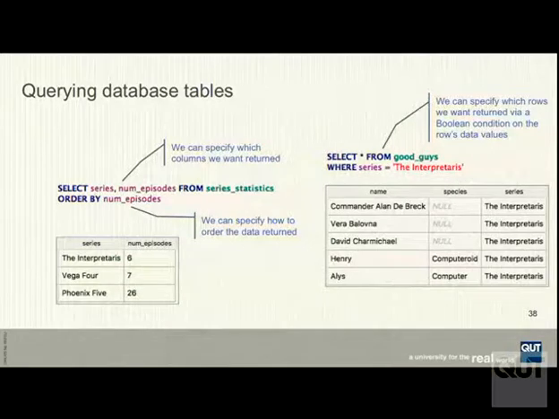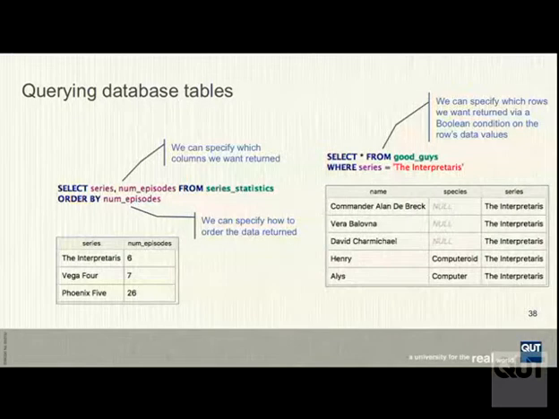There are other things you can do. You can change the order in which the results appear by saying things like order by number of episodes. And with our science fiction database, we'd get this result. As well as splitting the data up vertically by columns, we can split it up horizontally by rows, by specifying as a Boolean expression the characteristic of the rows we want.